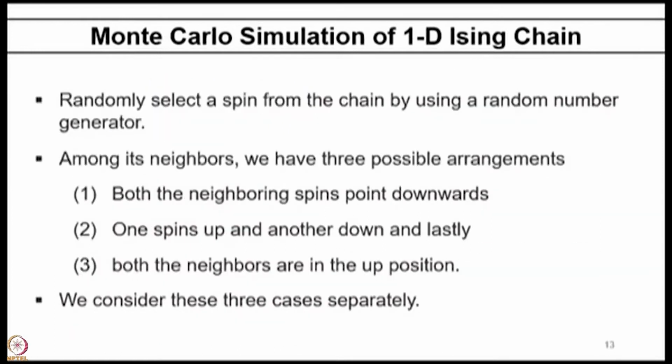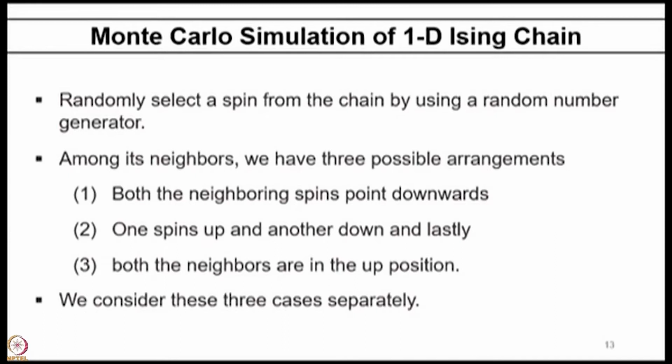So randomly select a spin by using a random number generator. Then you find that among its neighbors we have three possible arrangements. Both the neighboring spins point downwards, then it is an unfavorable configuration. One spin up and one spin down among its neighbors. Both the neighbors are in the up position.